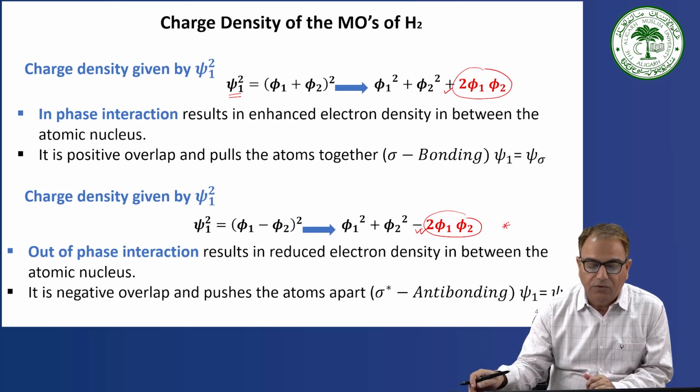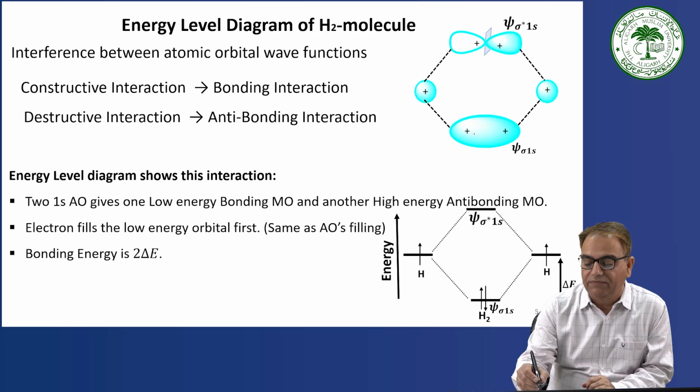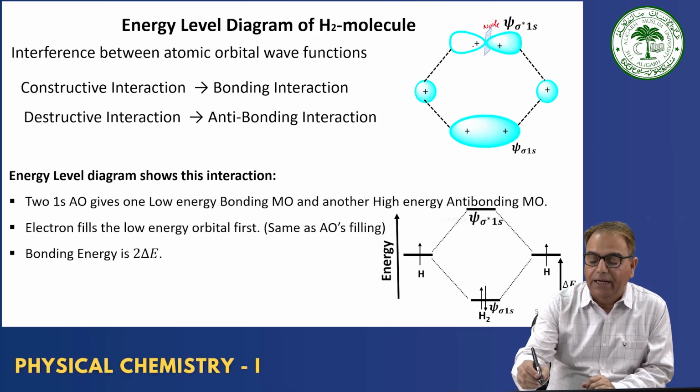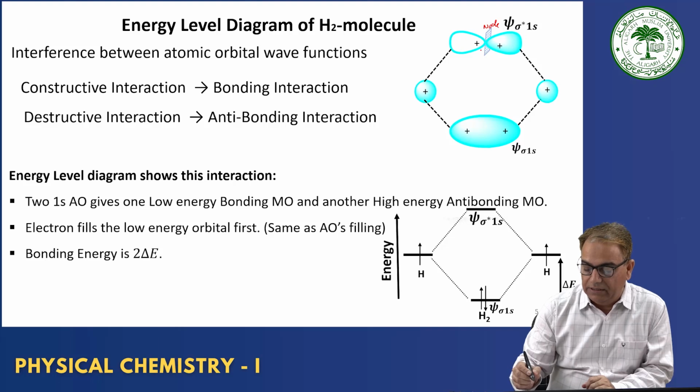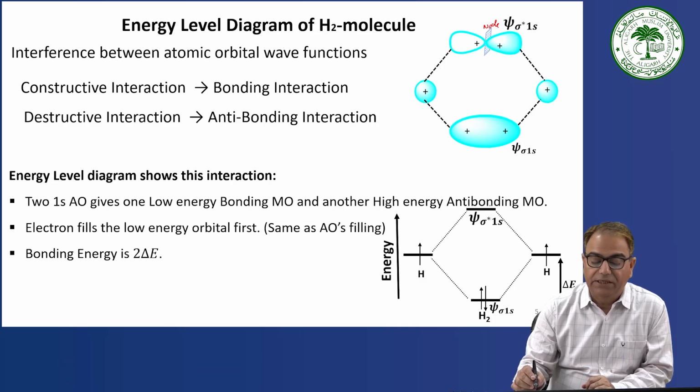Now, if you look at the energy level diagram, this is the energy level diagram for the bonding molecular orbital. Interaction takes place, and you have no node between the nuclei. But for the anti-bonding molecular orbital, you have a node. The lower energy orbital is called the bonding molecular orbital, with no star sign, but the higher energy orbital is called sigma star because it has one node and is formed by destructive interference.